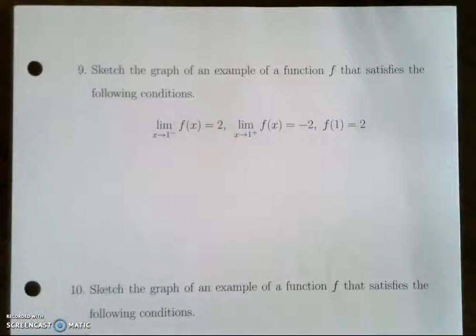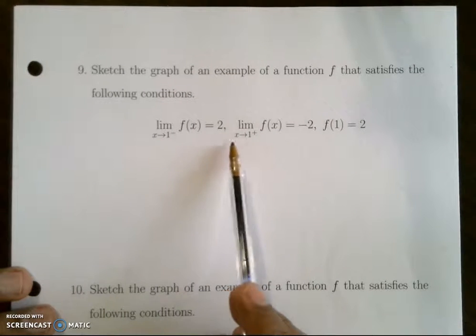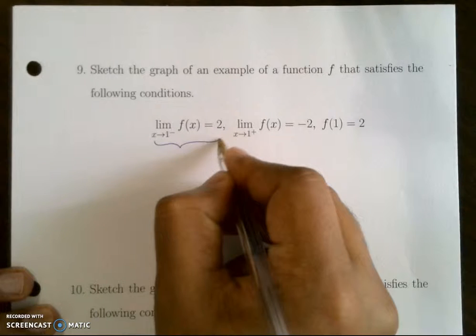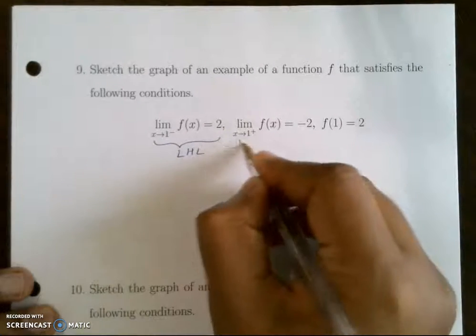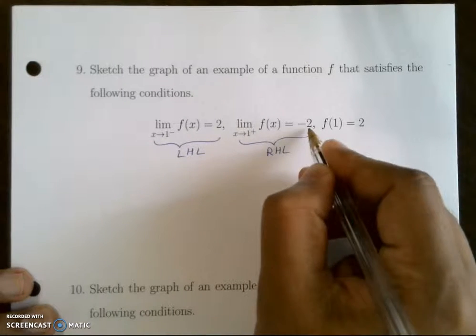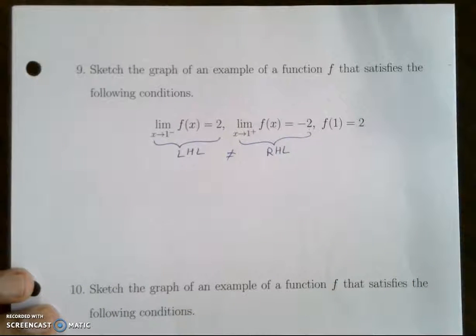Now in this problem here we want to sketch the graph of the function where this information is provided, and here you see that the left-hand limit for the function is 2, the right-hand limit for the function is -2. You can see that the left-hand limit is not equal to the right-hand limit.